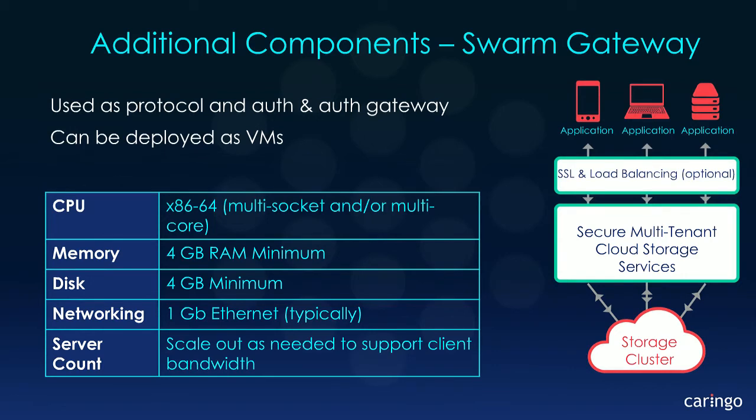You just deploy a 3rd gateway and a 4th gateway and a 5th gateway within the same pool definition behind the load balancer, and that's the way you would scale a gateway implementation in Swarm. And again, these are very lightweight. They can be deployed as virtual machines or physical servers, depending on your preference or requirements.